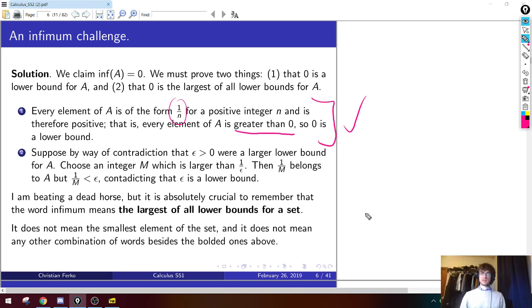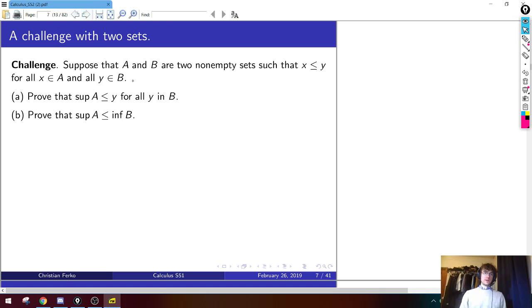And then almost exactly as you said, if we had some other lower bound, say epsilon, greater than 0, you could always just choose an integer larger than 1 over epsilon, which would get a contradiction. So yes, the horse that we are beating is that the word infimum means the largest of all lower bounds. That's the only definition.